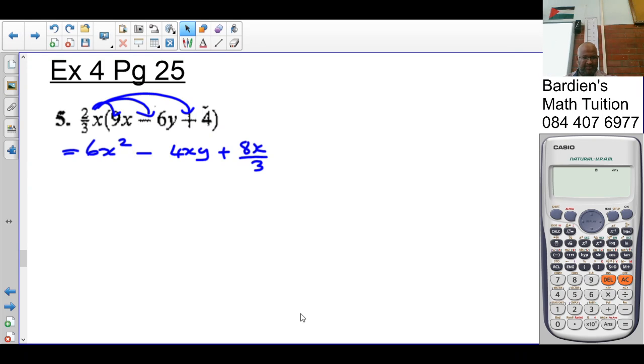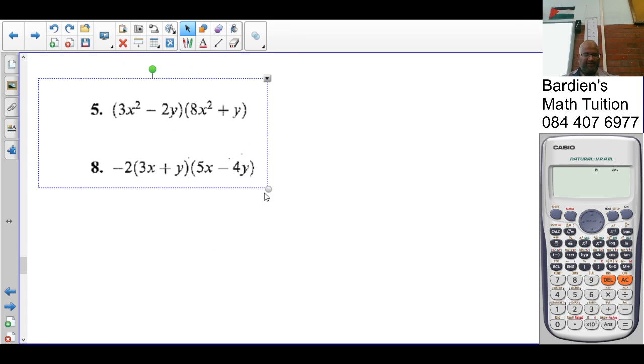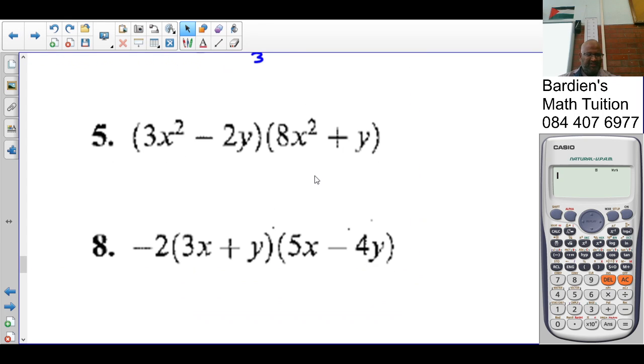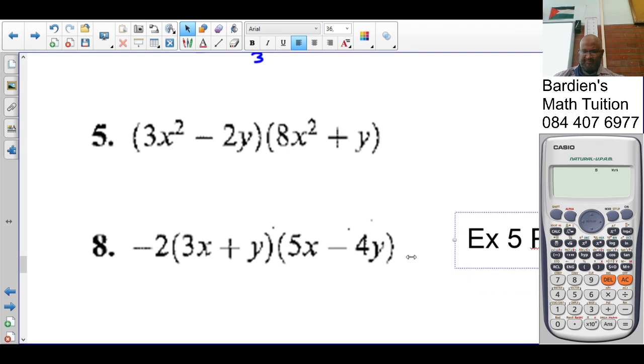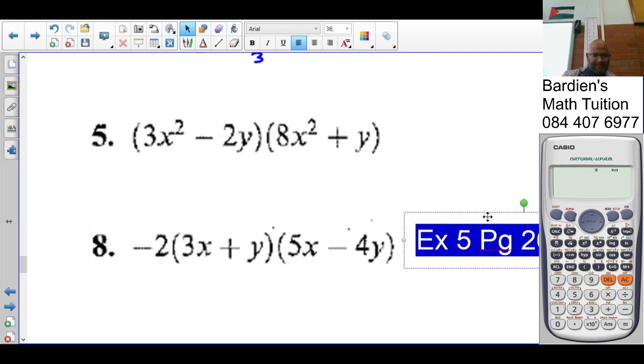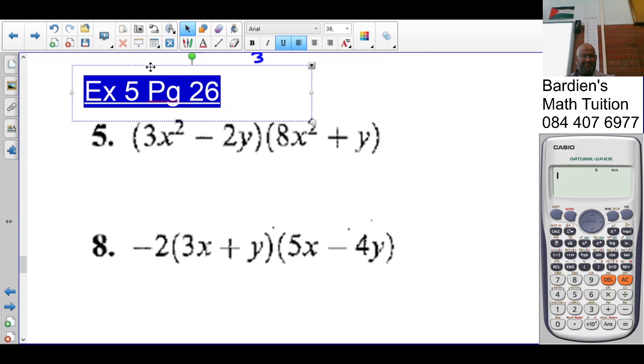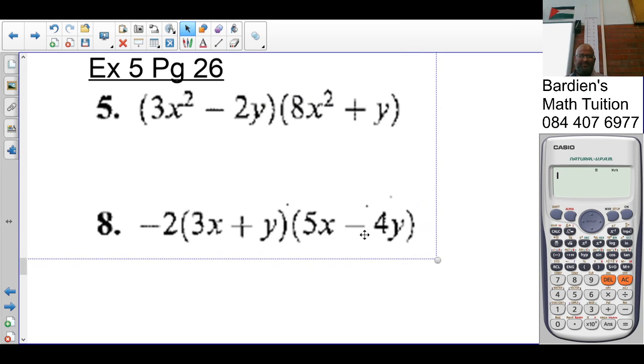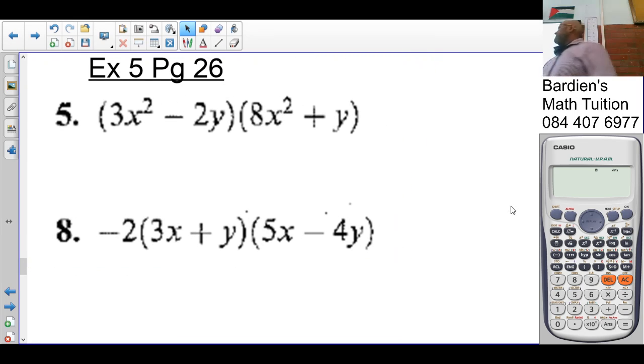This is exercise 5, number 5, page 26. So here, you must multiply, not so.